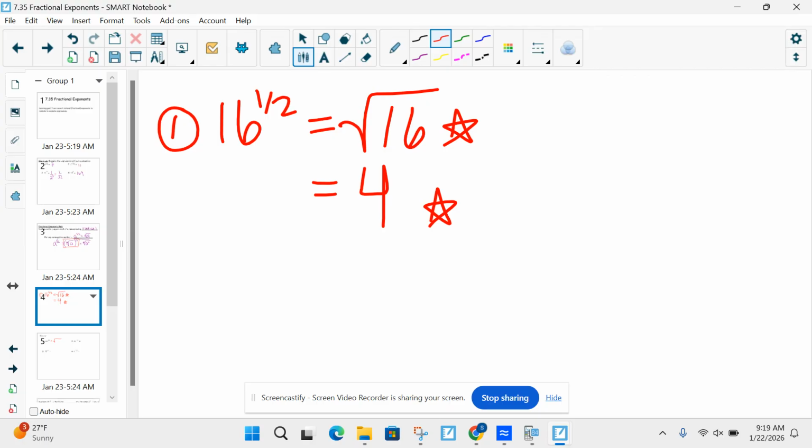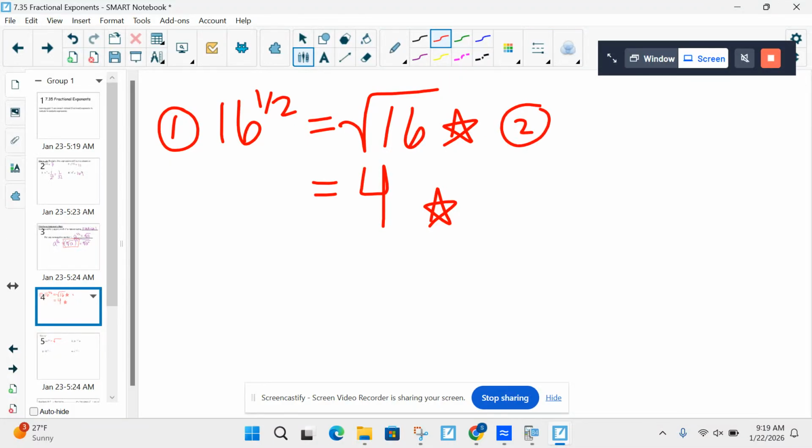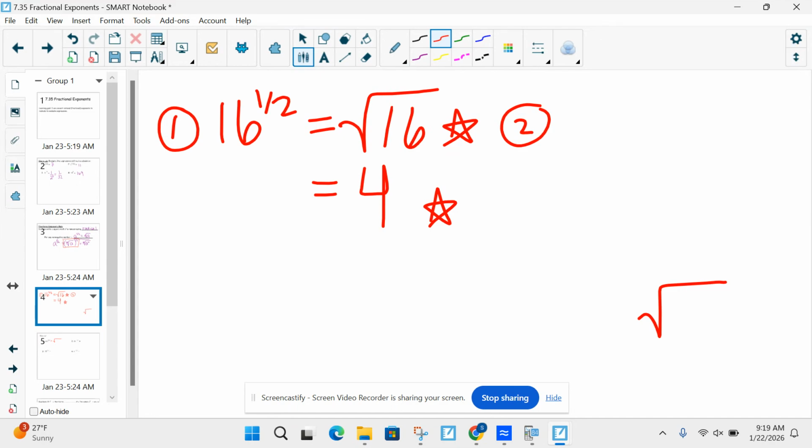Jack? Why did you not put the 2 in the 1 there? You don't need the 2 because a radical without anything means square root. And the 1, if I do anything to the first power, that's just itself. Why don't you need the 2? Because if you don't have a number there, it's implied to be a 2.